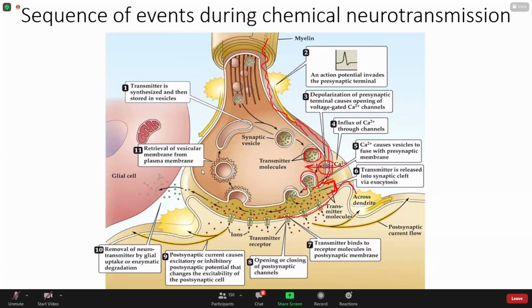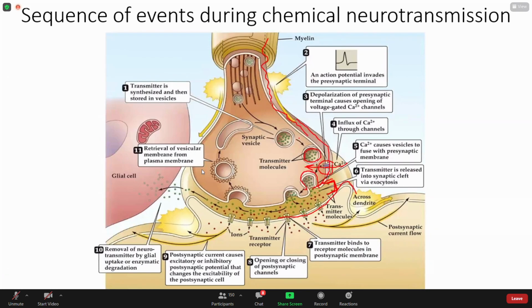And as we will see in the upcoming slides, depending on which ion is entering, it could be either excitatory or inhibitory, okay? So it's not always excitatory. It depends on many things, including the neurotransmitter, the type of channel, and the type of ions going inside.